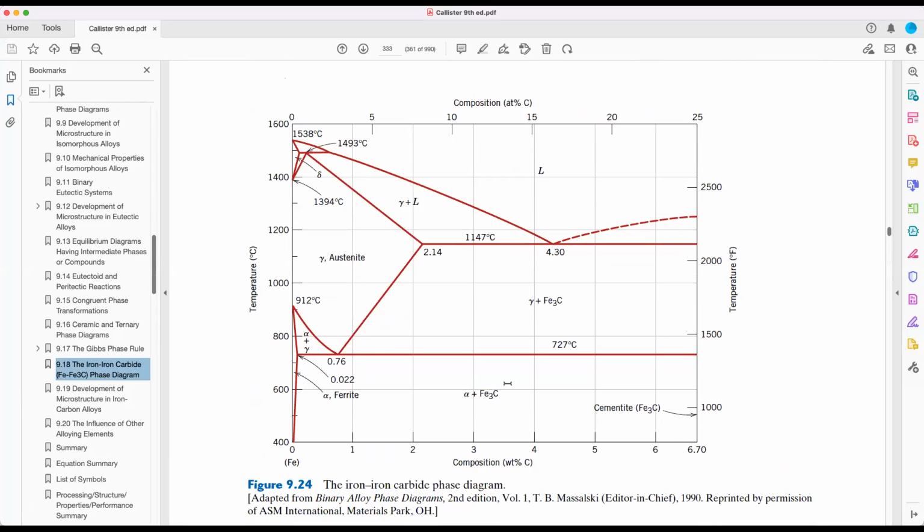Remember from the phase diagram, you have the gamma austenite with 0.76 weight% of carbon. When we cool it down, that becomes ferrite at 0.022 weight% of carbon, and 6.7% of carbon, which is the composition of carbon in cementite. Okay, so this one is the eutectoid reaction or eutectoid point.